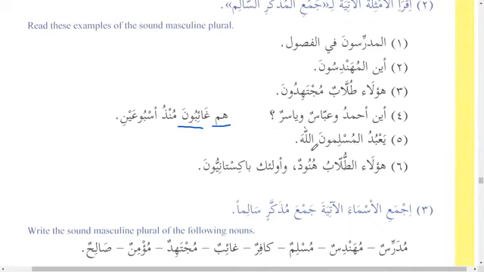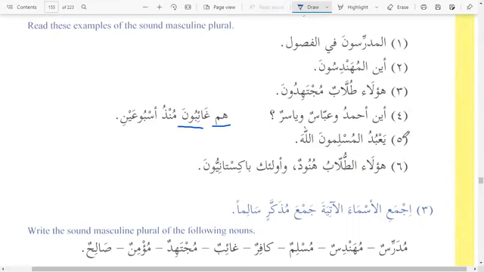Ya'budul muslimun Allah. Muslims worship Allah subhanahu wa ta'ala. Here, what kind of sentence is this, first of all? Verbal sentence. So we don't need to look for subject and predicate. We have to look for the verb, the fa'il, and the maf'ul bihi. Of course, ya'budu is the verb. What's the status of al-muslimuna?